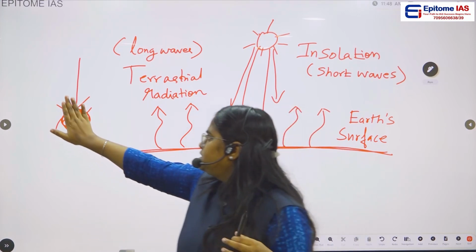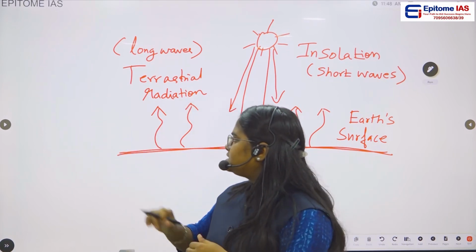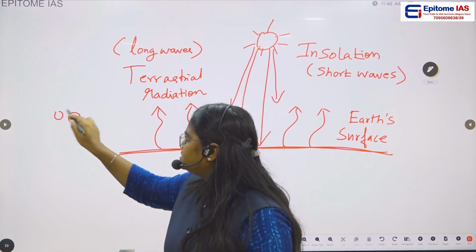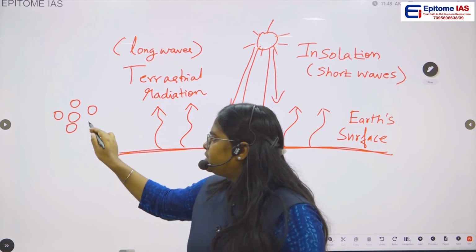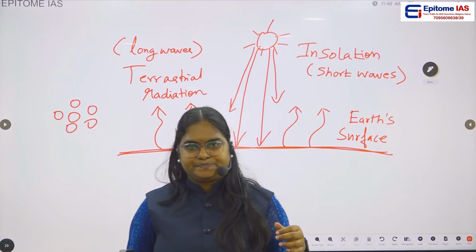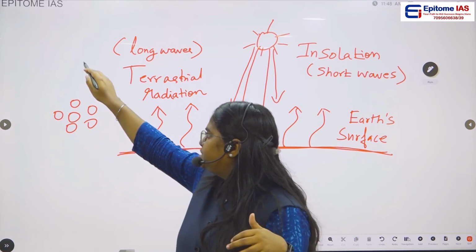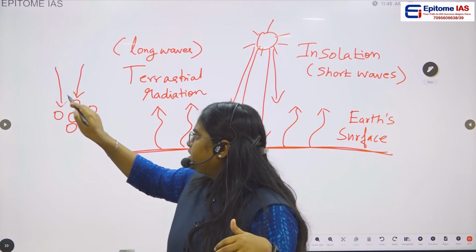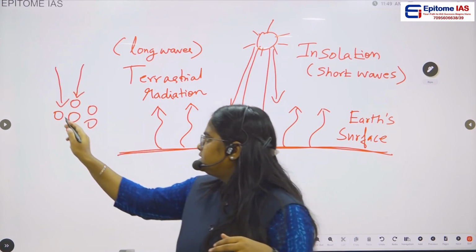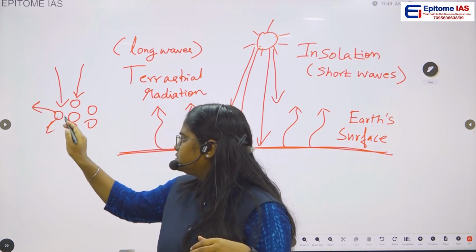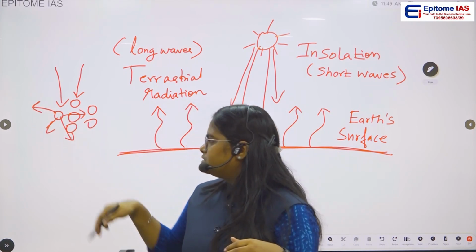Then the other case is scattering. What is scattering? Let us say there are some dust particles present in the atmosphere. Now when there is incoming solar radiation, the dust particle starts scattering this radiation in all directions.